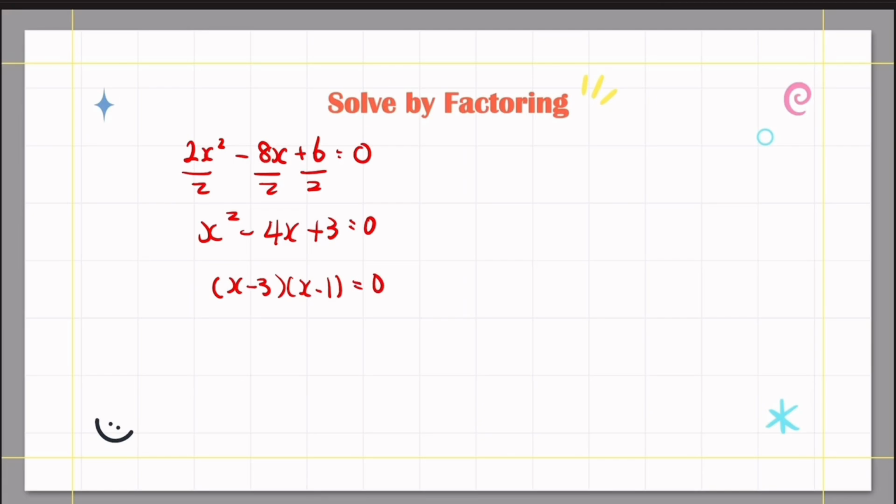From this equation we can find the value of x: x minus 3 equals 0, so x equals 3, or x minus 1 equals 0, so x equals 1. So this is the method to solve the quadratic equation by factoring.